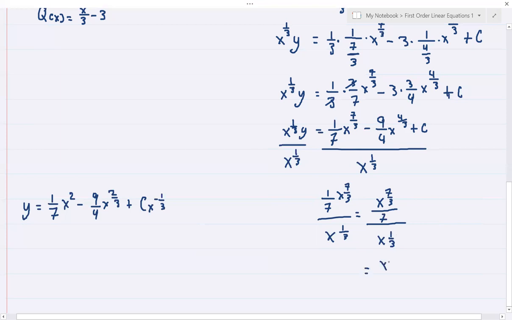So this is x raised to 7 third all over 7 times this one will become 1 all over x raised to 1 third. Okay? Since this is a whole term on your denominator, we will have x raised to 1 third all over 1.